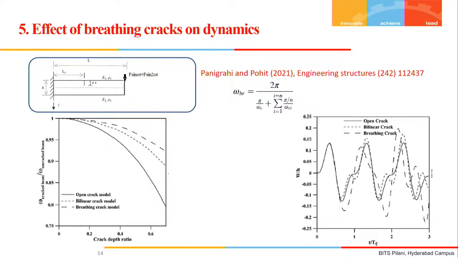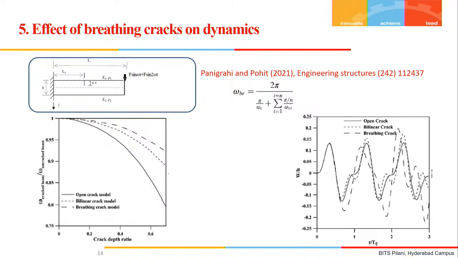Now, same structures we have taken, and as I told you, in the breathing crack we talk about the dominant frequency. How we get the dominant frequency is, since in the breathing crack, as I have already shown you, the flexibility will be time dependent. For one half cycle of the vibration, the stiffness will remain constant, or it will behave like an intact beam.